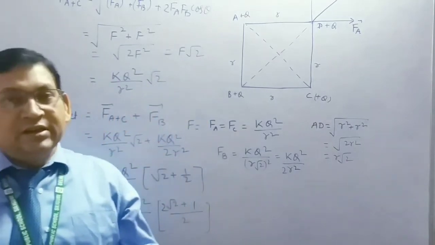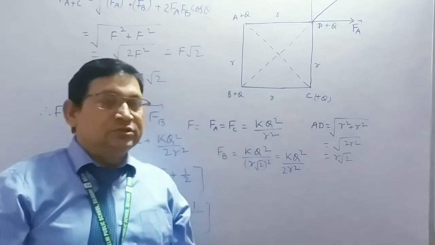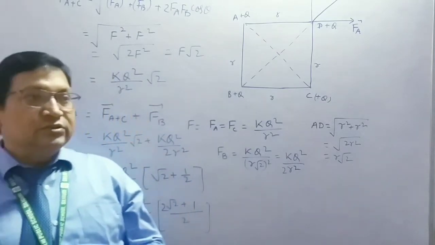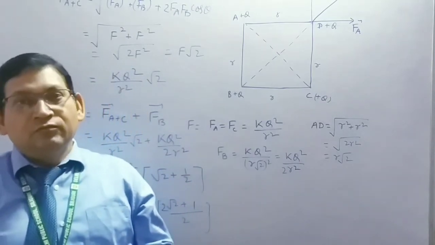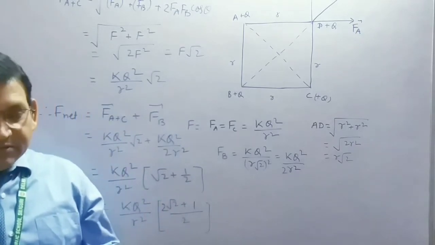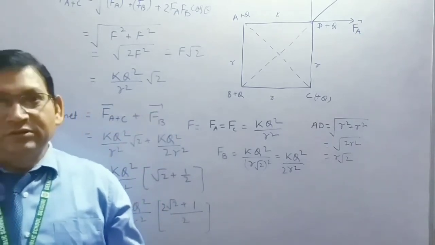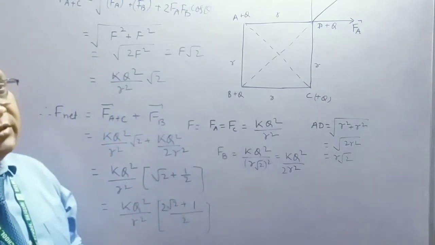Number one is linear charge distribution. Number two is surface charge distribution, and number three is volume charge distribution. So let's discuss it one by one. Let's discuss linear charge distribution.